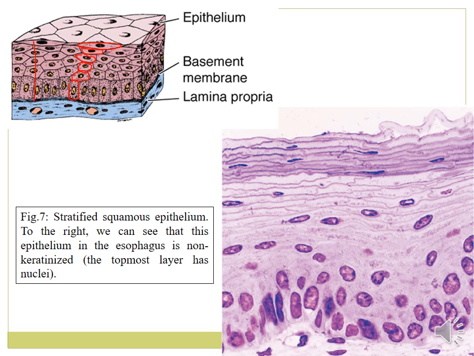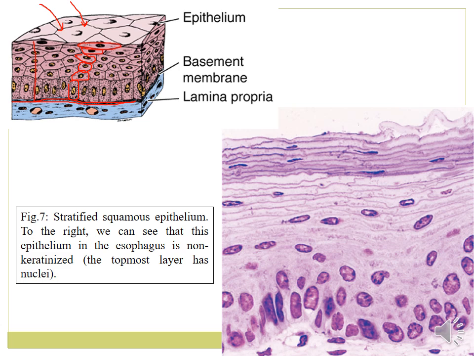So when we classify epithelium, we only look at the topmost layer. Why? This is the basement membrane, or the basal lamina of the epithelium. The topmost layer is the furthest from the basal lamina, so it depends on the shape of the cells in this layer.